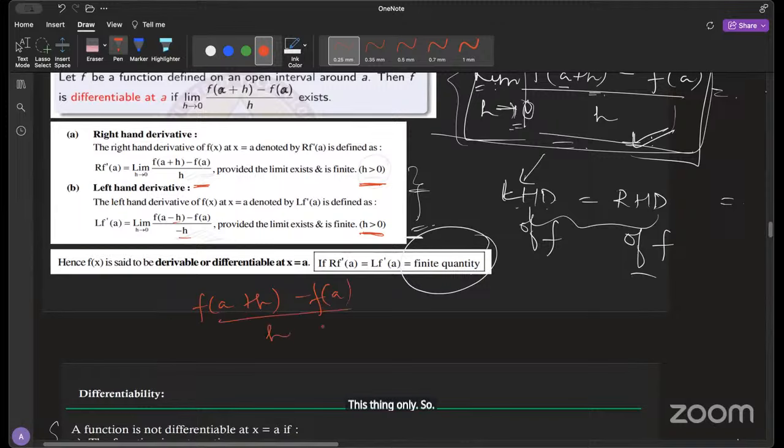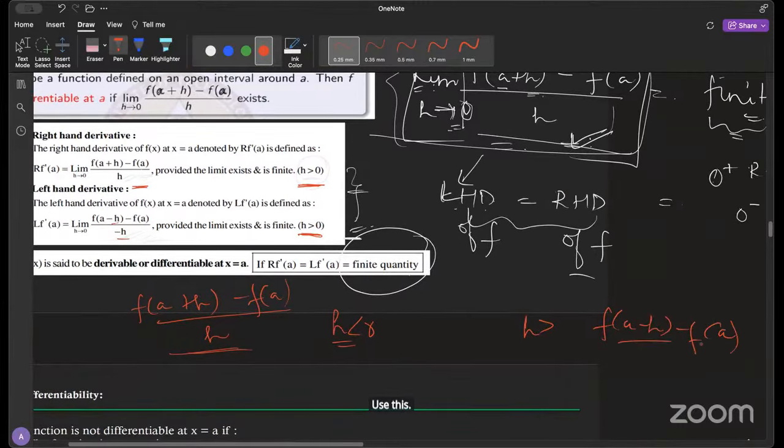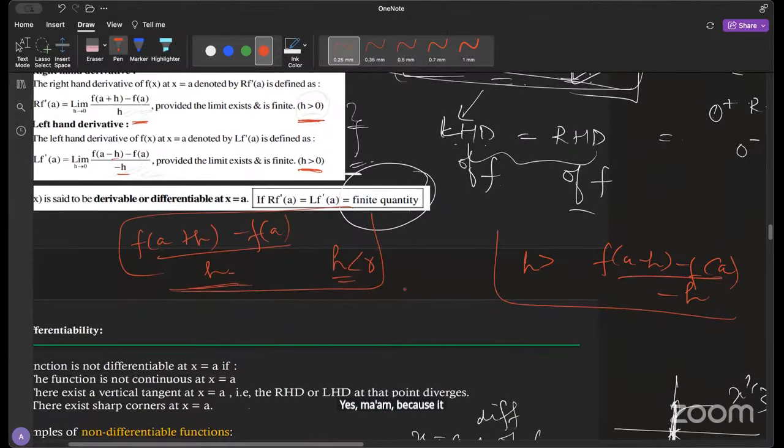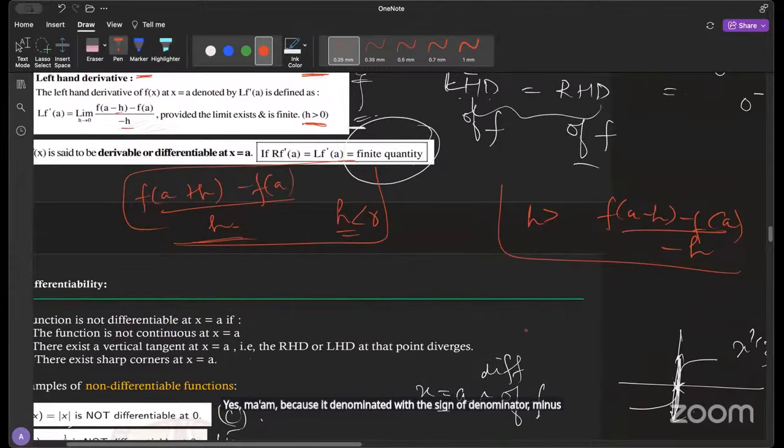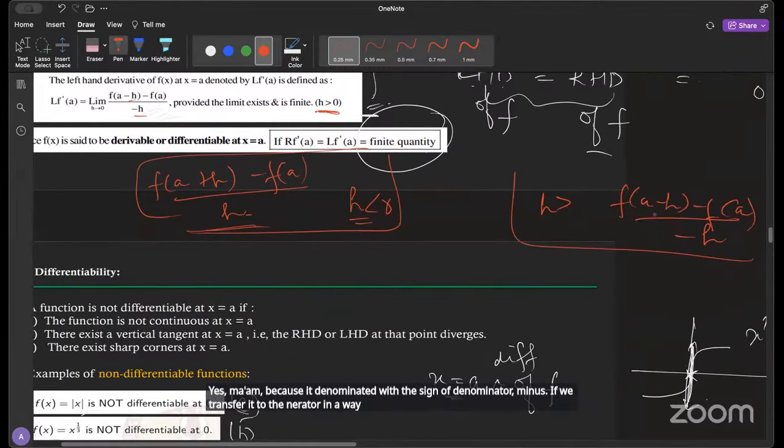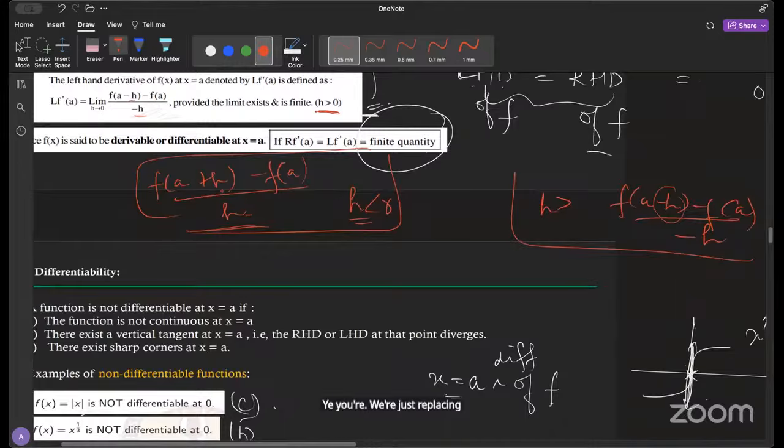In simple words, if you're taking h less than 0 for left hand derivative, use this. If you're taking h greater than 0, use this. Same thing, no? What's the difference? Because the denominator is minus, we transfer the sign to the numerator. We're just replacing minus h with h here.